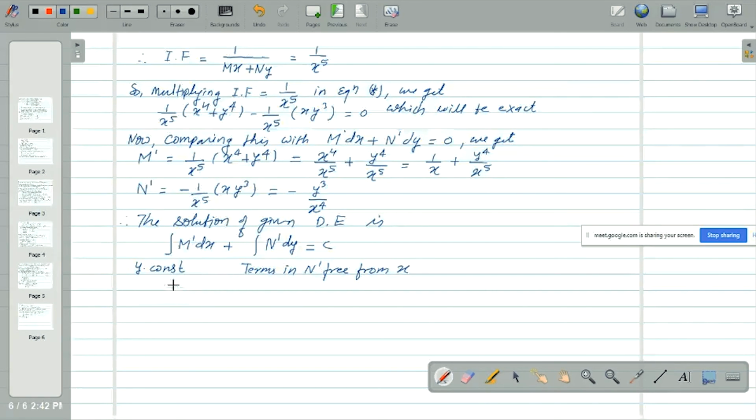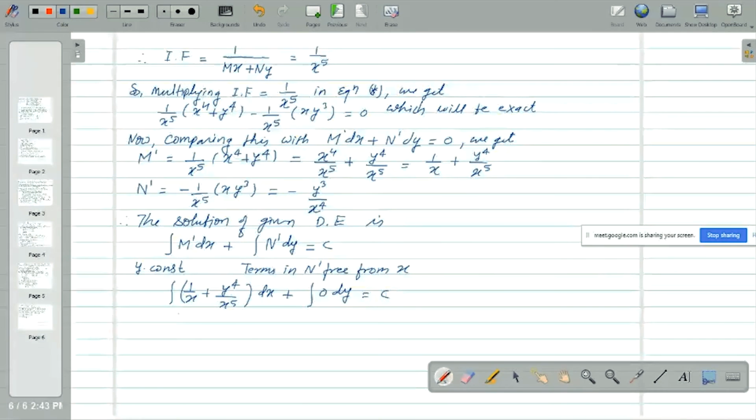So integration of m dash is 1 upon x plus y raised to 4 divided by x raised to 5 dx, plus integration of terms in n free from x. There is no such term free from x, so this will be 0 dy equal to c.